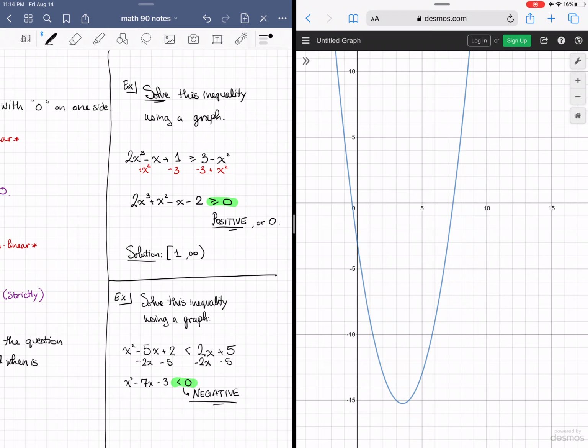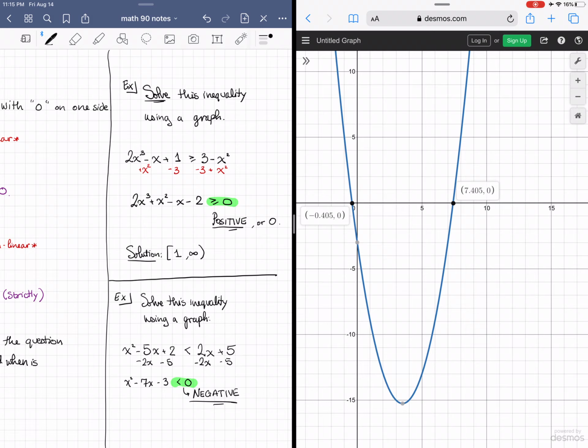So again, remember on a graph, we see the x values on the x-axis and the y-coordinates, those are the values of the expression. So if we're looking to see where the expression is negative, we're looking to see where the y-coordinate is negative. In other words, where is the graph below the x-axis? And that happens between these 2 points.